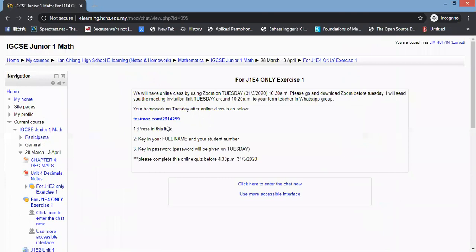Then there's a link for the homework here. You no need to do it on any books because I know some of you don't have the books. I already typed out the questions for you. Then you press this link, then you key in your full name, student number and the password. I'll show you how.